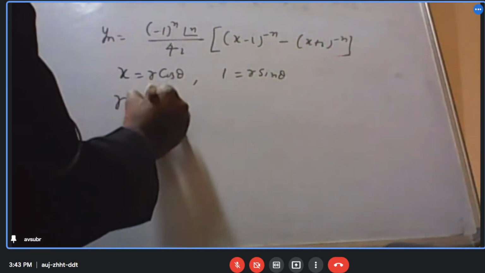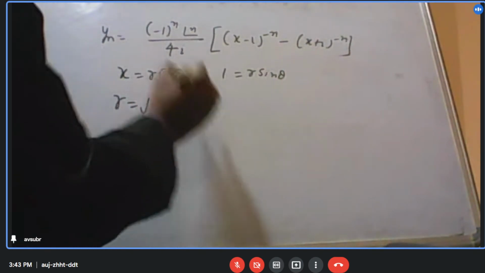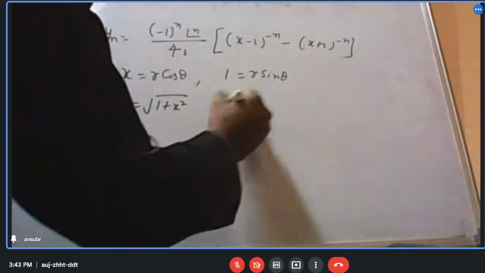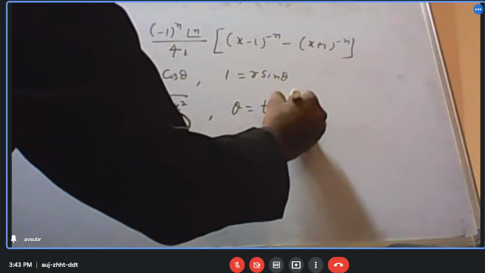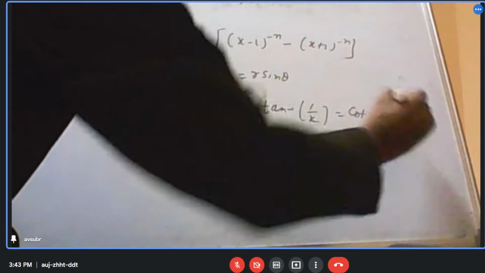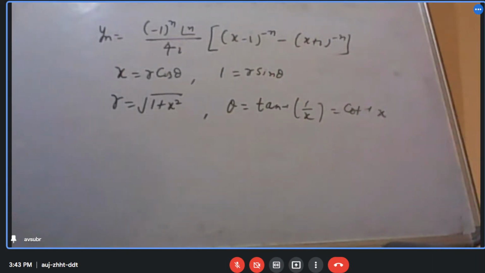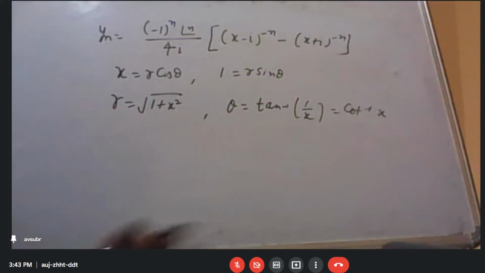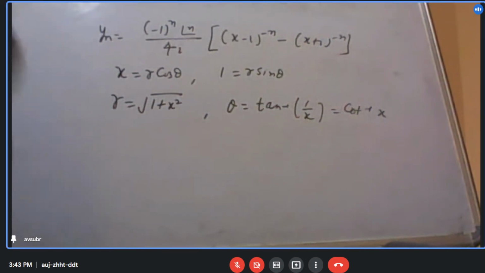From that, r is equal to root over 1 plus x square and theta is equal to tan inverse 1 by x, that is cot inverse x. Is it okay? Yes, sir. All right. Fine.